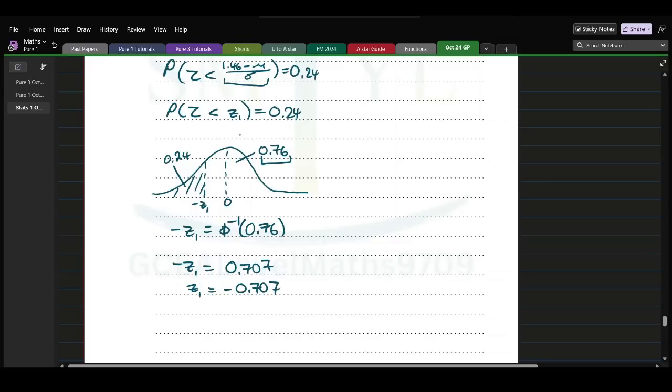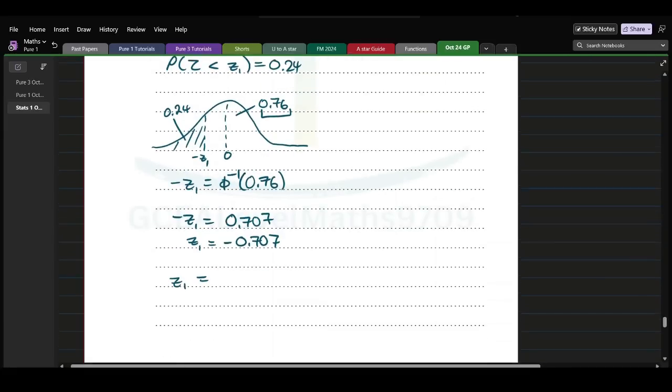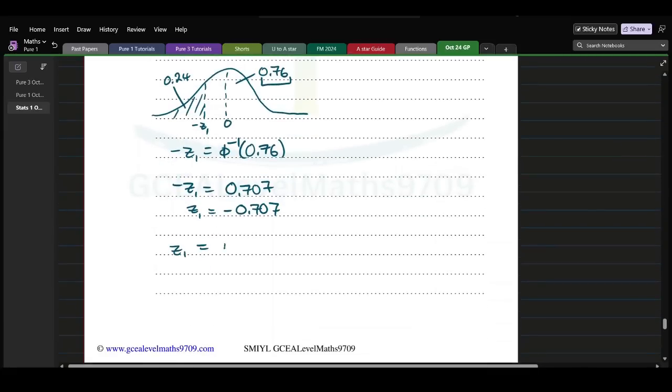Remember we said at the beginning we replaced this expression with Z1. So Z1 is equal to (1.46 minus mu) over sigma. So negative 0.707 is equal to (1.46 minus mu) over sigma.